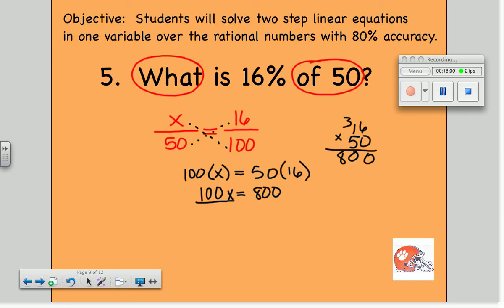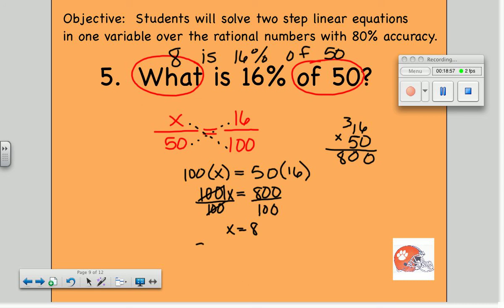Divide here by 100. Then you must do the same to the other side. Divide by 100. 100 divided by 100 is 1. 1 times x is x. 800 divided by 100 is 8. So that means 8 is 16% of 50.